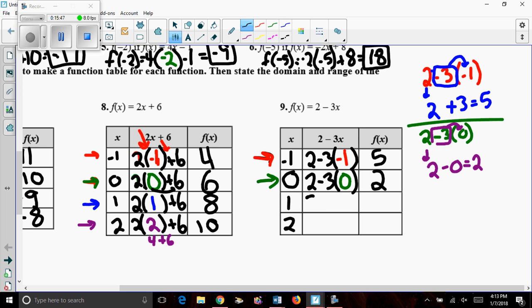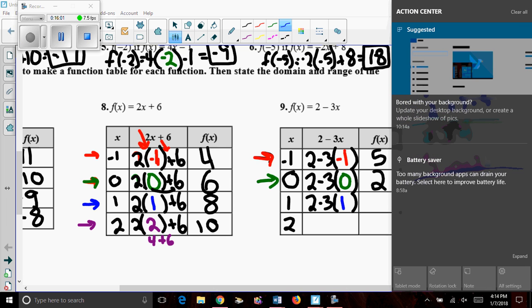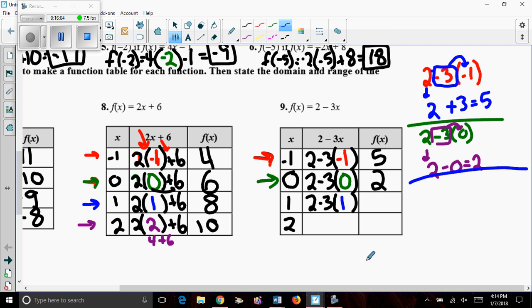Next, 2 minus 3, but instead of times x, it'll be times 1. So off at the side, I look at 2 minus 3 times 1.